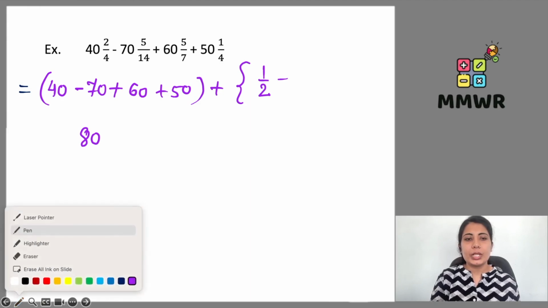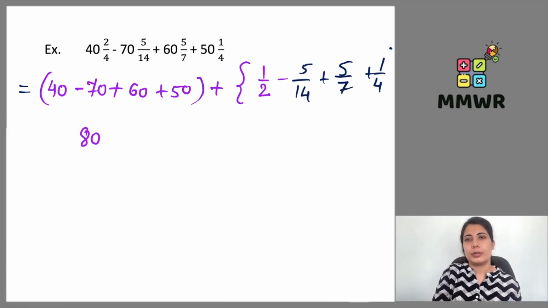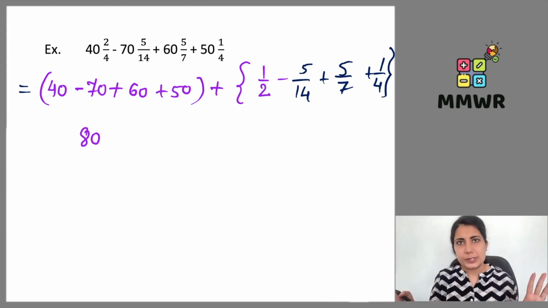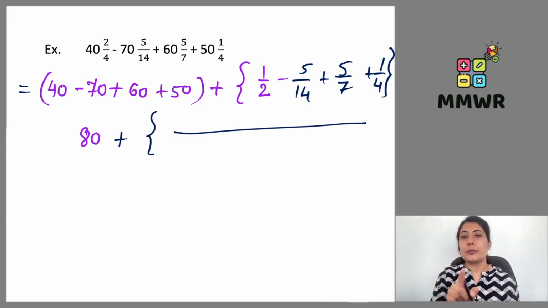Now, simplifying this fractional part: 1 by 2 minus 5 by 14 plus 5 by 7 plus 1 by 4. No more cutting short is possible anywhere, that is why I wrote it exactly the same. When we take the LCM of 2, 14, 7 and 4, we are going to have 28 in the denominator.